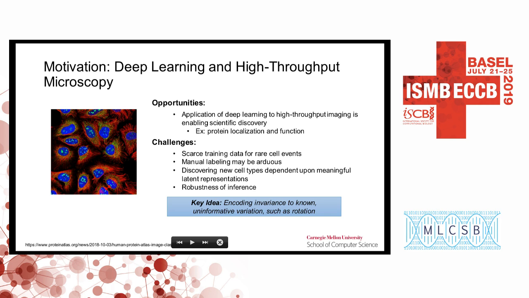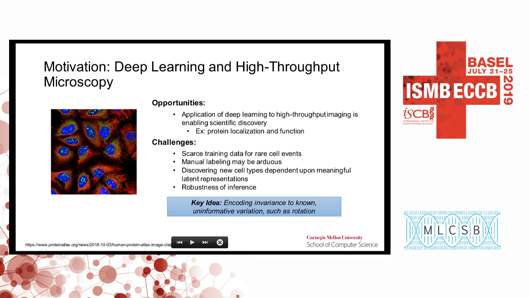And also, if we're using these methods for scientific inference, there are legitimate concerns about their robustness. So toward this end, in this work, we've considered designing networks that inherently encode invariance and equivariance to uninformative sources of variation so the network doesn't have to learn that.